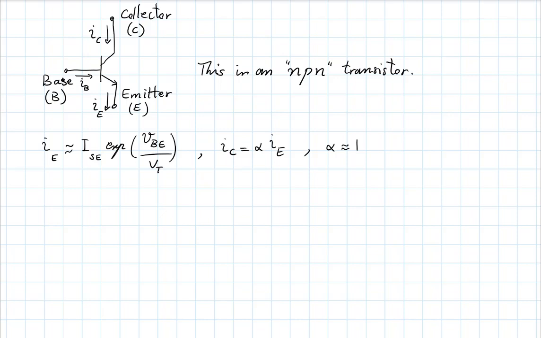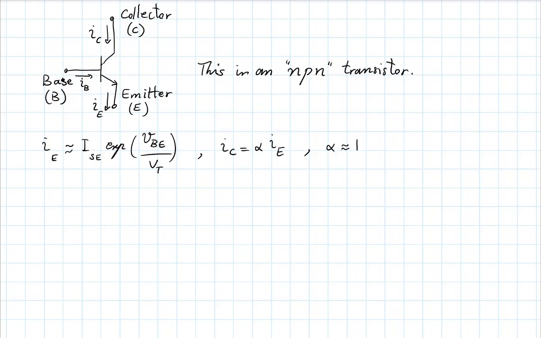Now this is true as long as this alpha being almost 1 is true, as long as you respect some constraints. And that is when the collector voltage doesn't drop too far below the base voltage. Okay?